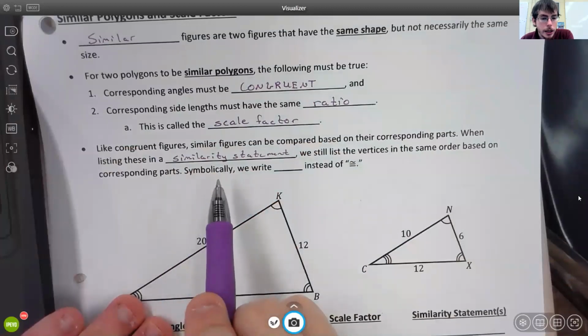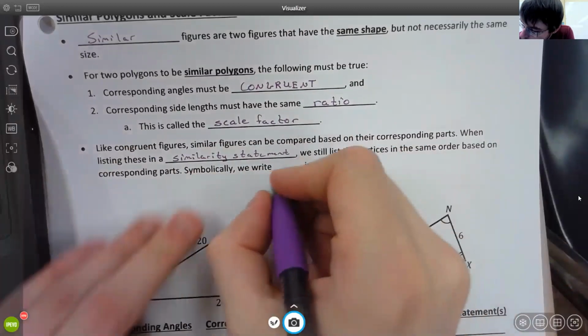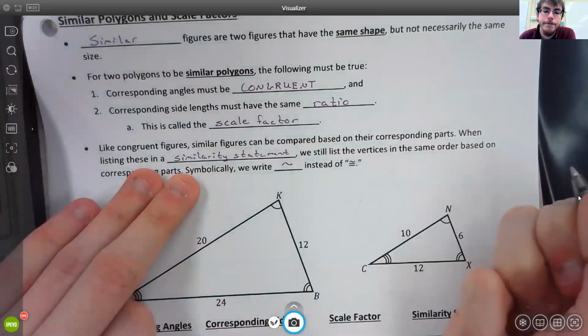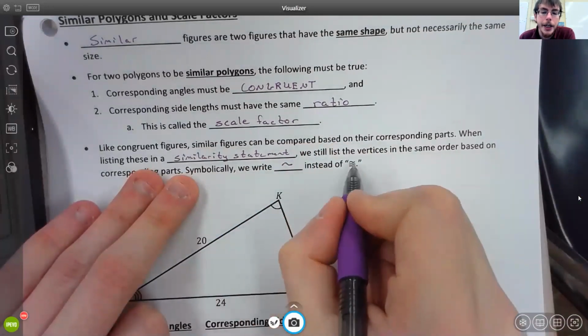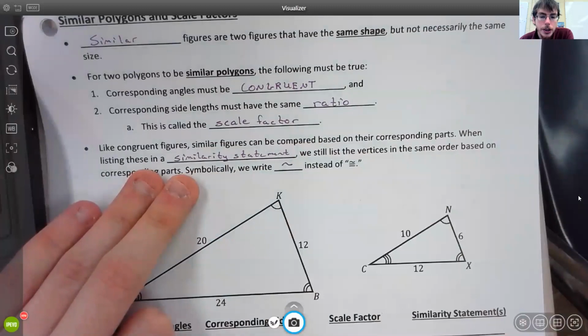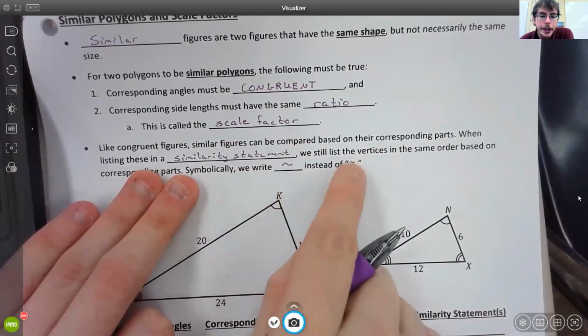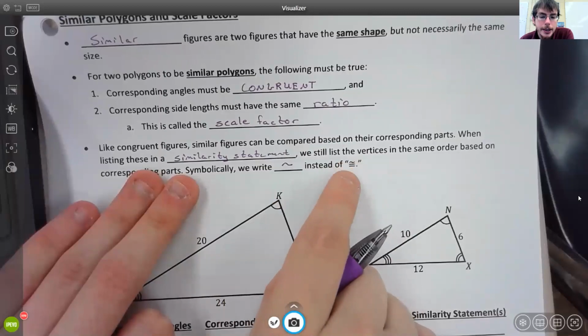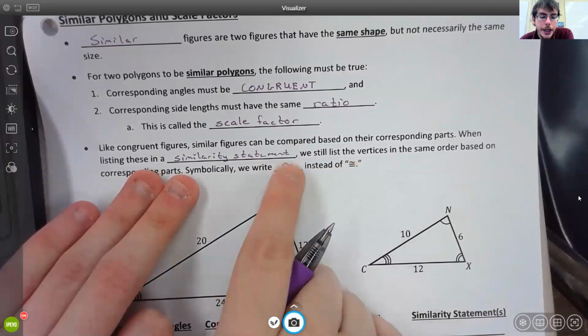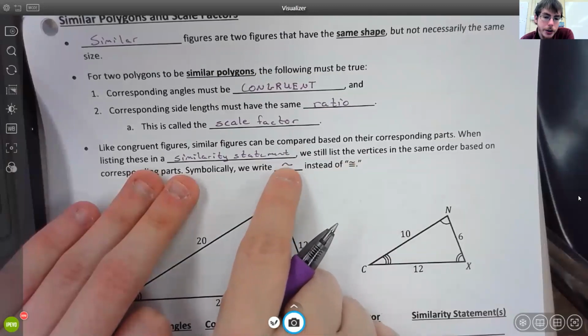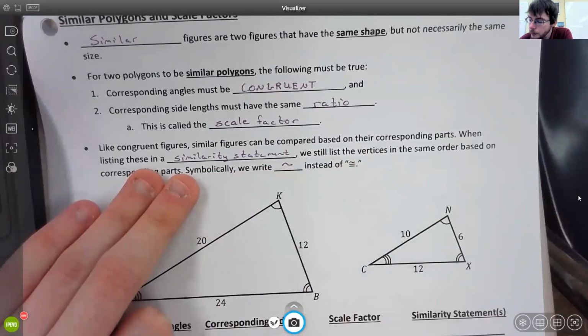Symbolically, we use a tilde instead of the equal sign with a tilde over it, which is used for congruence. With congruence, everything's equal. Here, everything's not, so you don't have the equals for similar because not everything will be equal.